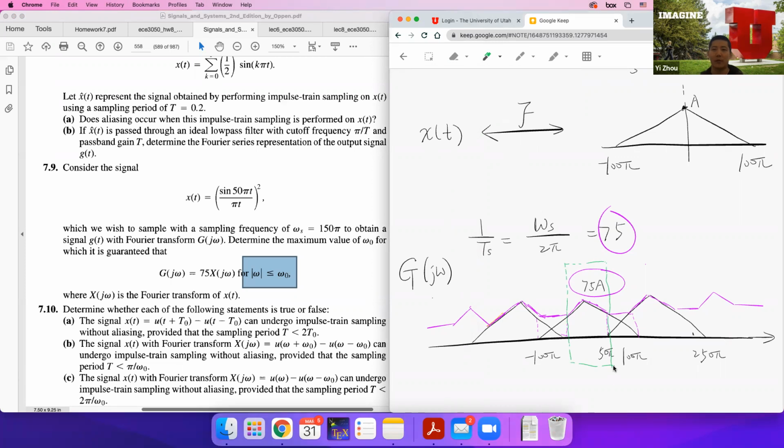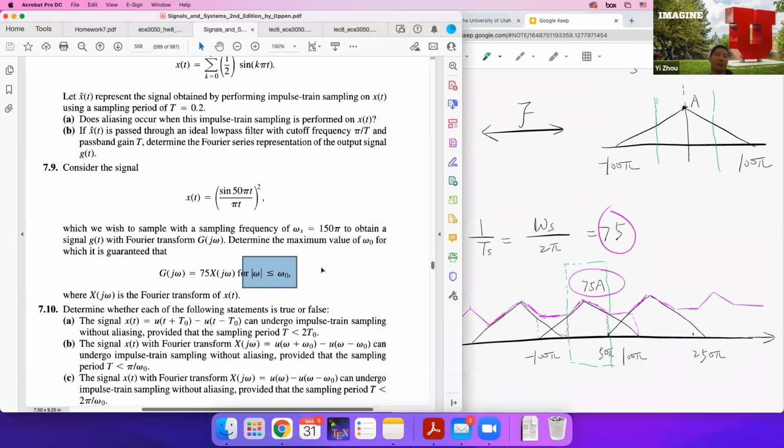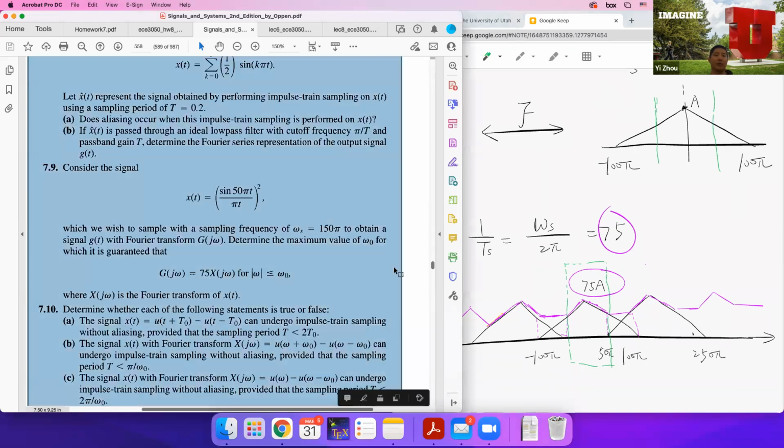Within this green band, you have this spectrum, which is 75 times the spectrum of X. Beyond that, you start to have distortions. So the maximum band that you can choose is 50 pi, the cutoff frequency.